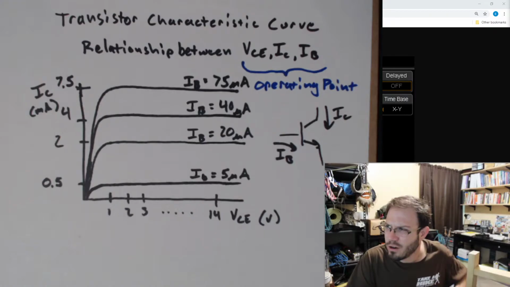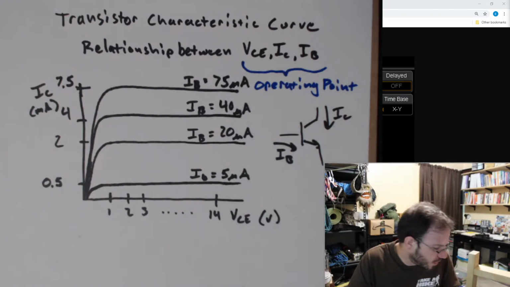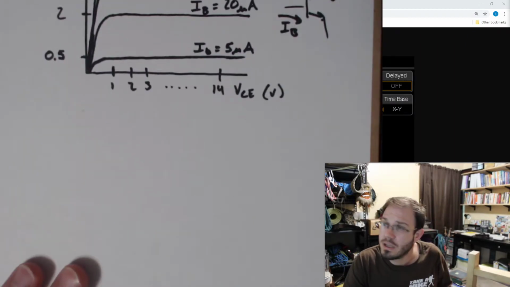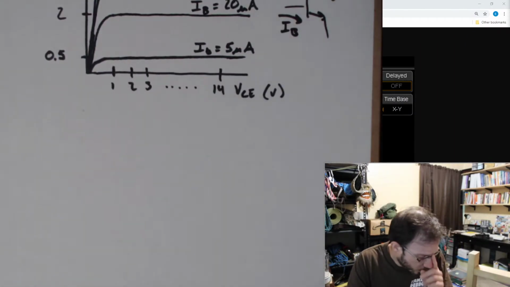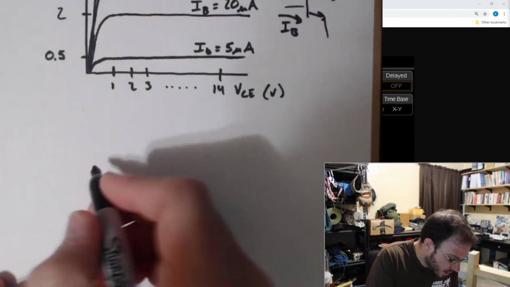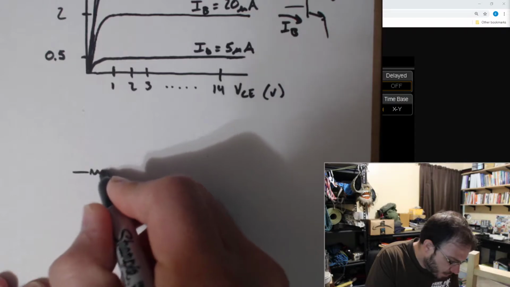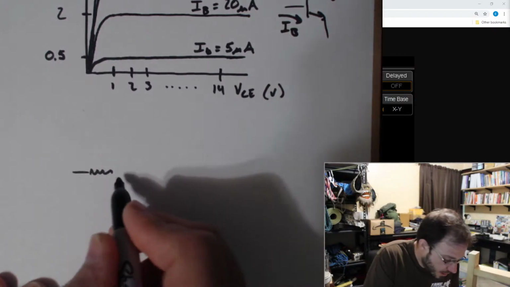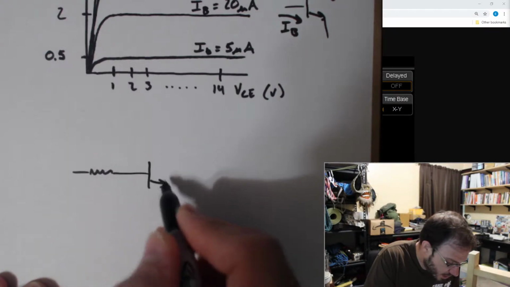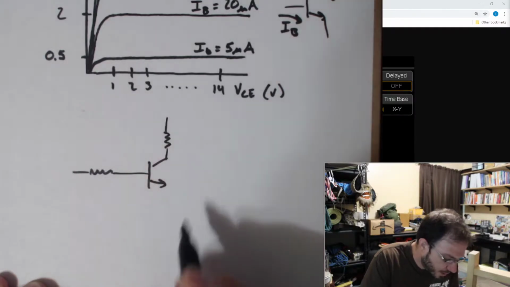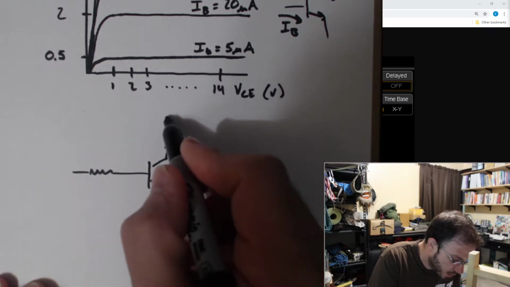Okay, so how do we get this? How do we plot this curve? We're going to need a test circuit for any given transistor to go ahead and plot that. What's generally done is we will have some current limiting resistor into the base of our transistor, and some current limiting resistor on the collector of the transistor.